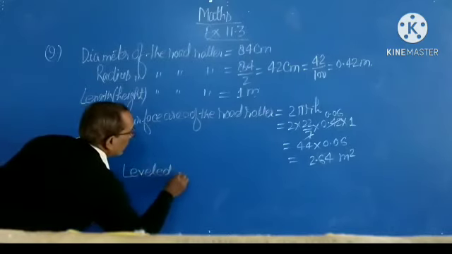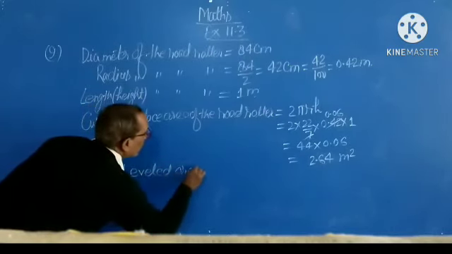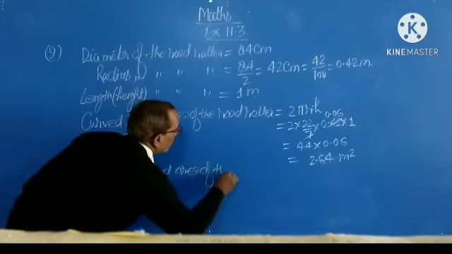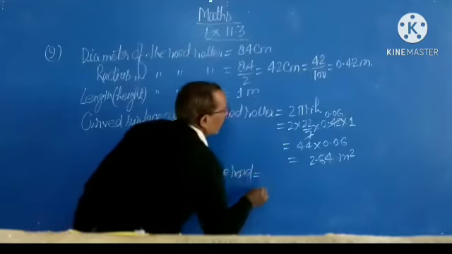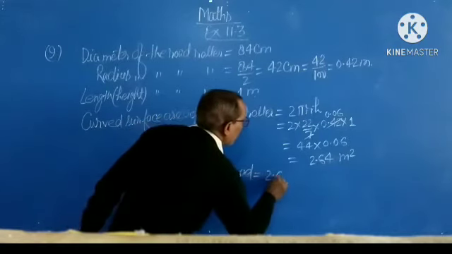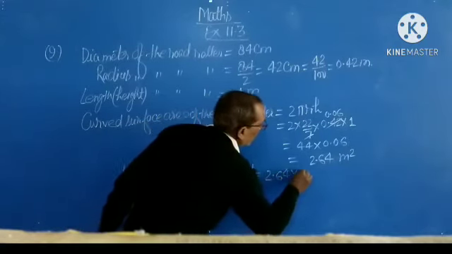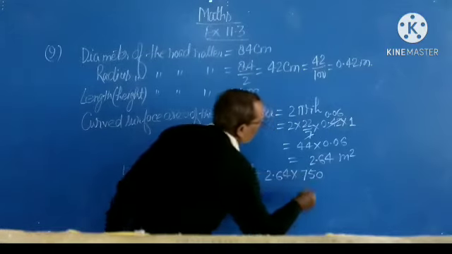Then you find the leveled area of the road is equal to 2.64 into 750.